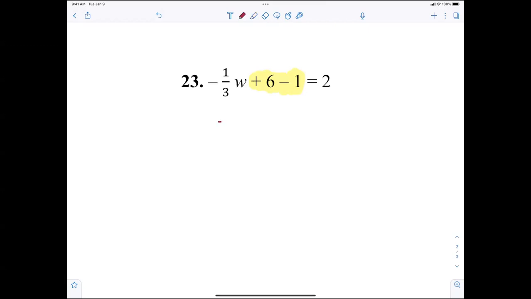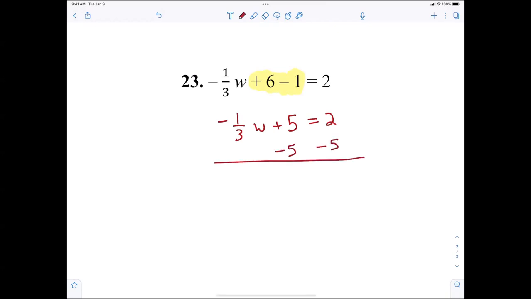So I want everybody to write down -1/3 W plus 5 equals 2. So you got 7, -1/3 W equals 7. How did you get 7? 5 plus 2. Well, what do I have to do to the plus 5? Oh, 10. Yes, so it would be -3.